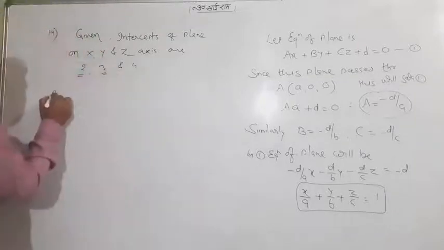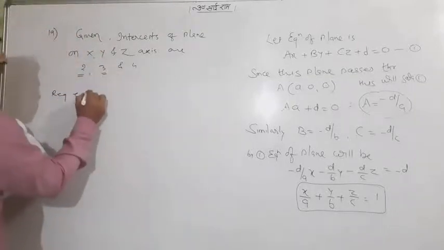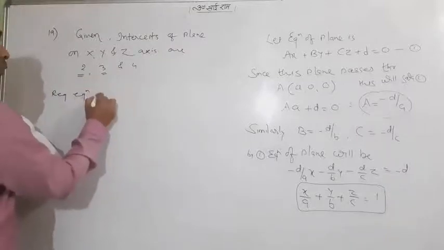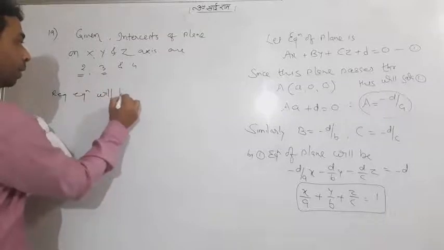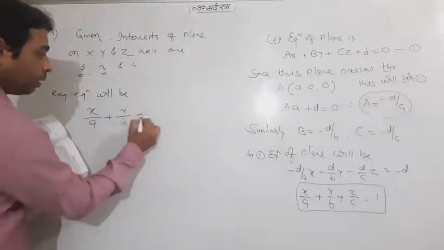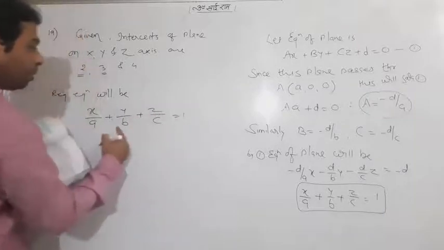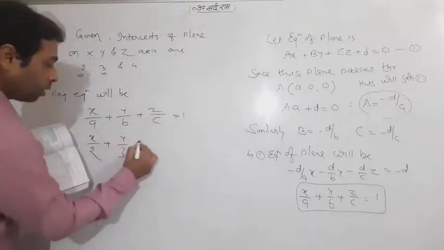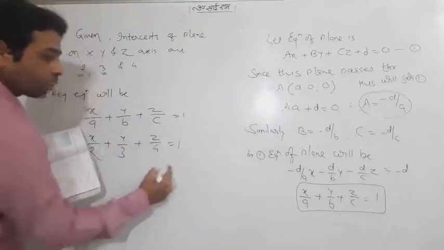So required equation will be x upon a, y upon b, z upon c equal to 1, where a, b, c are intercepts which are given, 2, 3 and 4, and this is your answer.